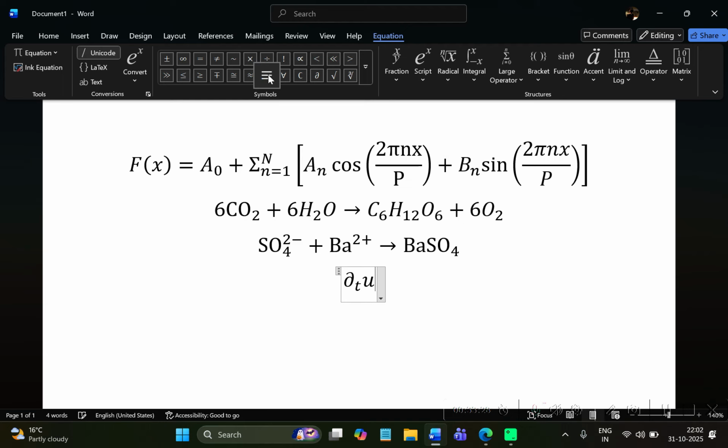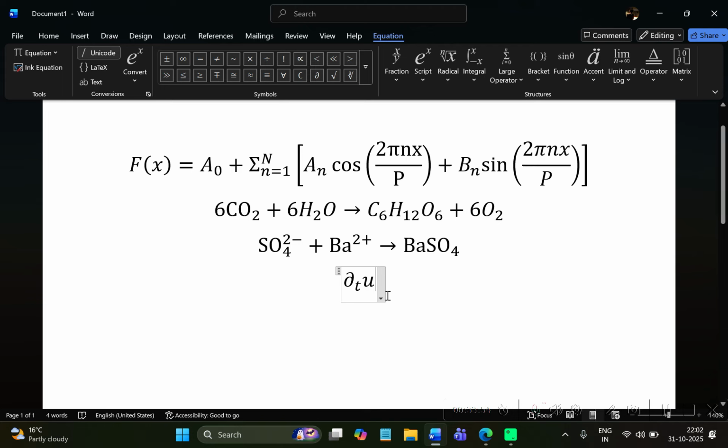You can do this, but you can also just type backslash equiv and give the space. So this is equivalent. So writing partial underscore t u is the same thing as writing partial u divided by partial t. The same thing. This just means the partial time derivative of u. So anyway, let's just focus on the Navier-Stokes equation first.